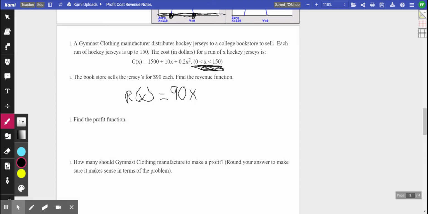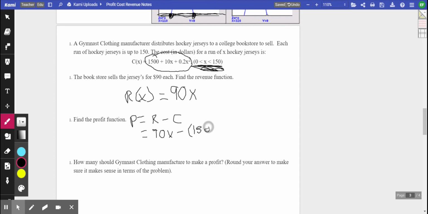That's our revenue. Our profit function from before, so profit is equal to revenue subtract cost. So our profit is going to be equal to our revenue function from our prior step, so 90x, minus cost, which was given to us way up here.